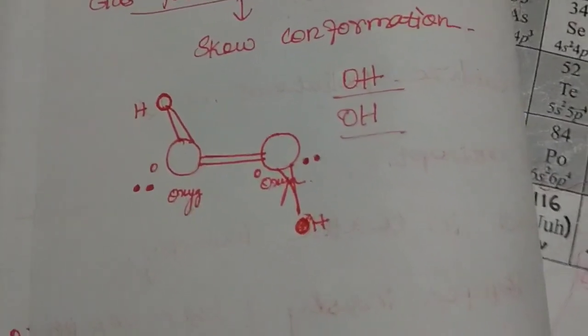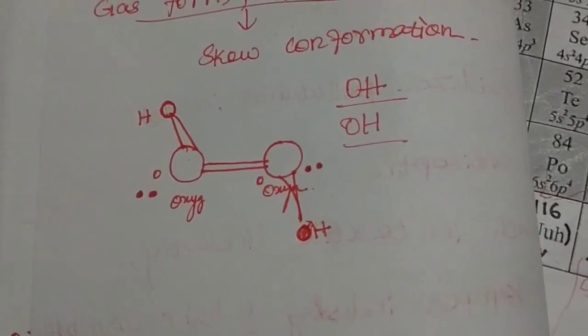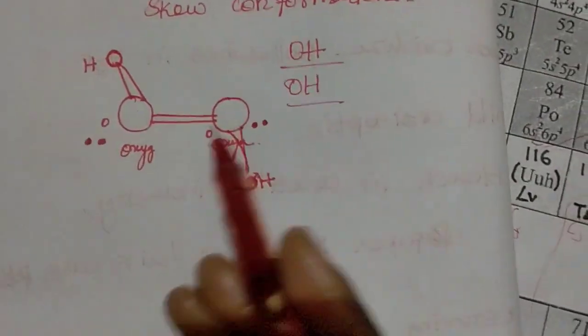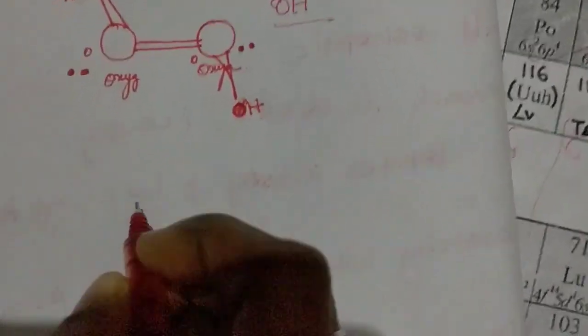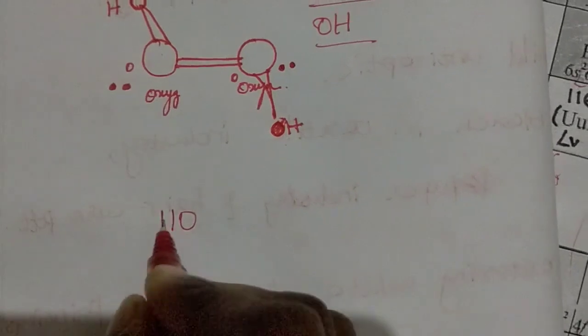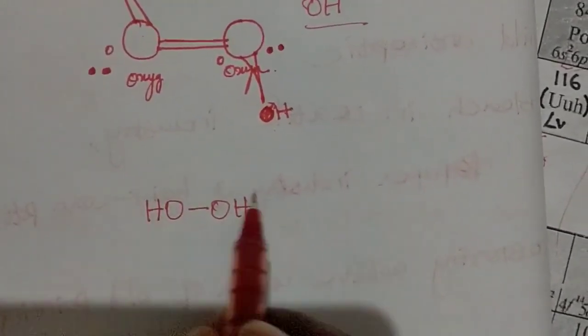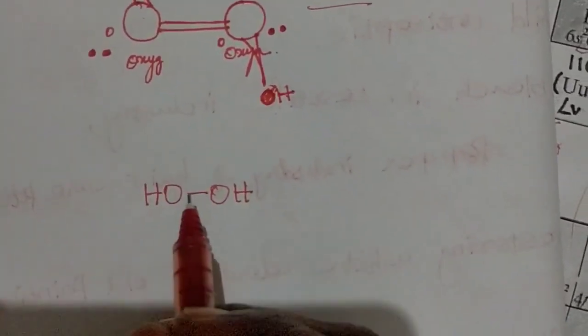H2O2 is a non-planar structure, a non-polar structure. Non-polar means it exists like this, OH, OH. So it's not showing any kind of electropositive or electronegative character at either end of this compound. Both ends are the same, so they are not showing different symbols.